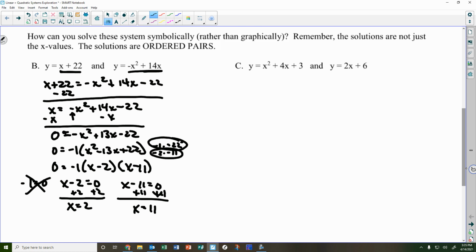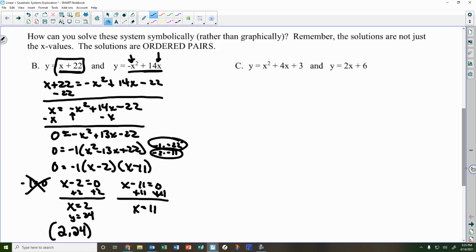So if I plug a 2 in for here, 2 plus 22 is 24. So that means if x is 2, the y is 24. So there's your one coordinate. And then if I plug the 11 into here, okay, so 11 squared is 121, and then you take the negative of that, which is -121.